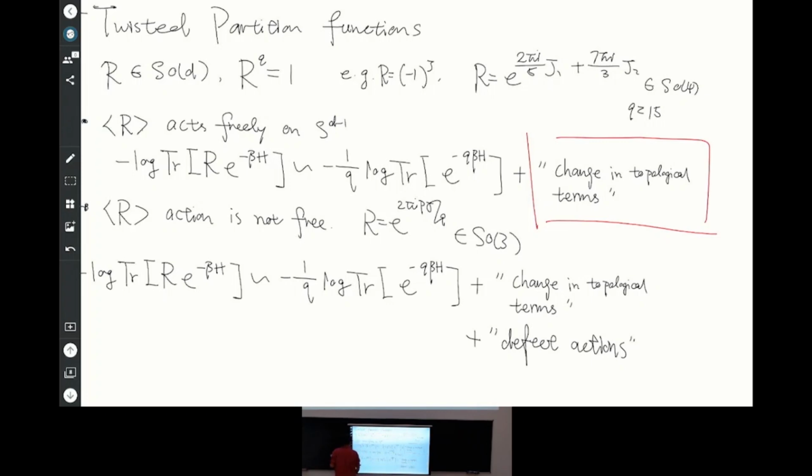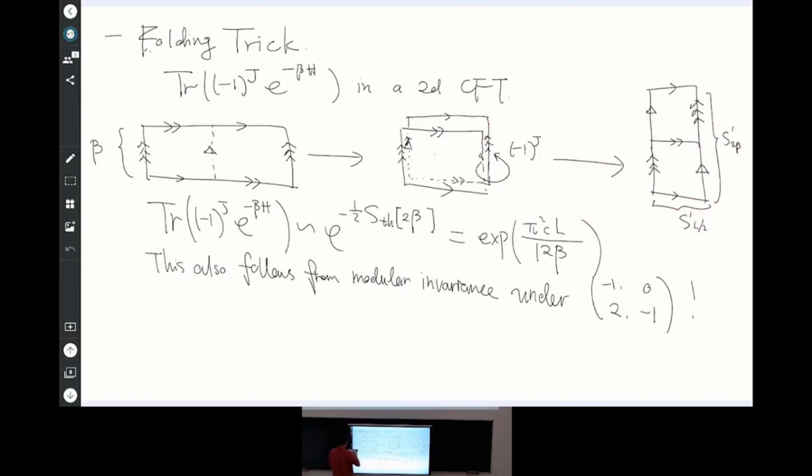Okay, now let's go back. So actually, the correct way to think about this manifold is that it's S^1_L times S^1_{2β}, the whole product, and you want to take the whole Z2 quotient of this product.